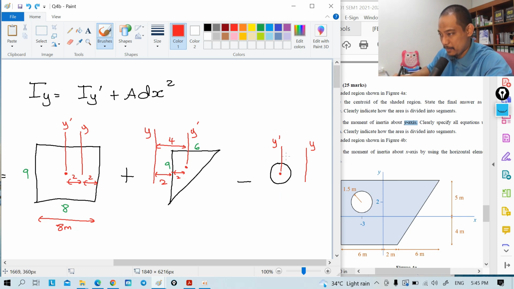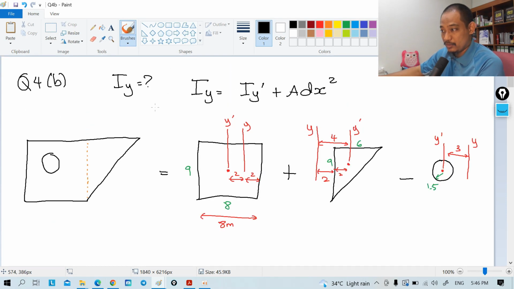So it's 3. This is 3. Of course the radius is 1.5, right? So, confirmation: the distance between the axes is 3. Yeah, 3. This one is 4, right? 2 plus 2, and then this one is 2, it's here, so 2. All right. So those are the pieces of information that we need.